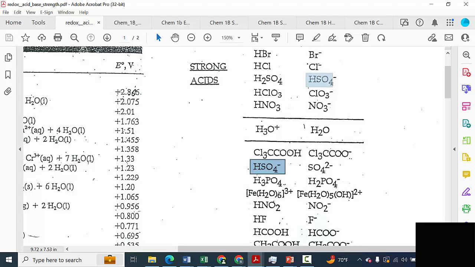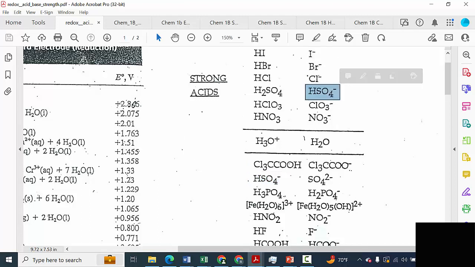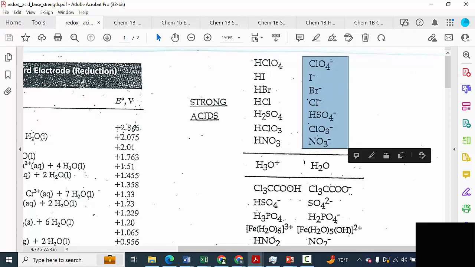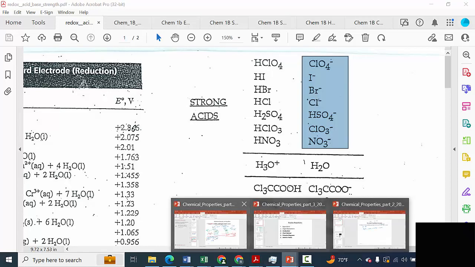But when we look at the base properties of these, they are too weak to be really considered a base. So really bisulfate is just a weak acid. It could potentially act as a base, but it's too weak. Did you guys read the footnotes on the PowerPoint here?